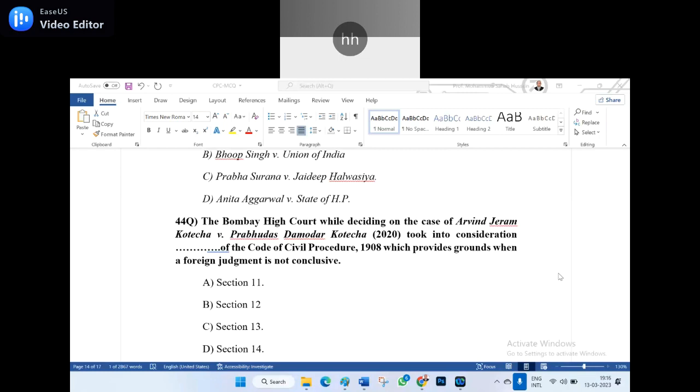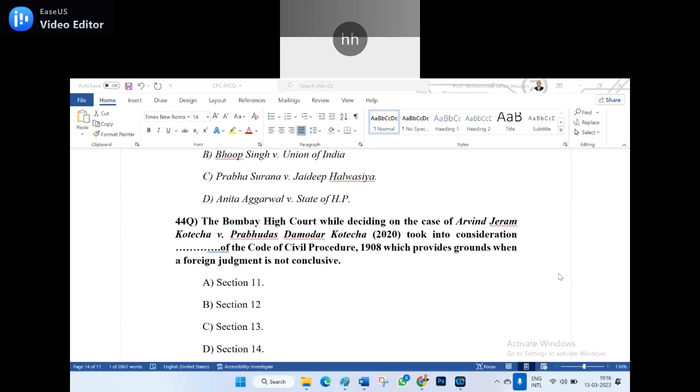A, Section 11. B, Section 12. C, Section 13. D, Section 14. Sir, option C is Section 13. Option C is the right answer. They took the defense of Section 13 and they say it's not a conclusive proof.